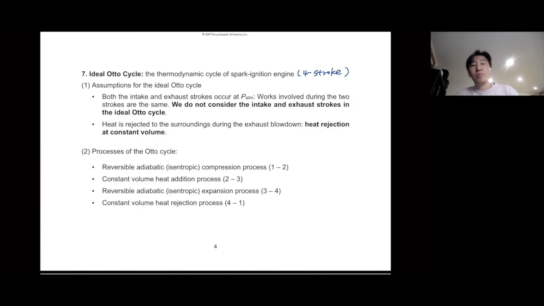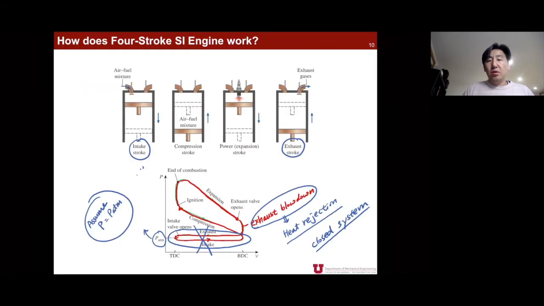Now, if you look at this portion, we have the compression process. Then as soon as we have ignition and combustion, it happens so quickly that the volume doesn't change. So this entire combustion process can be modeled as a constant volume heat addition process.